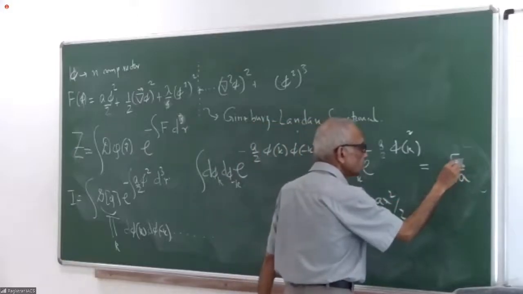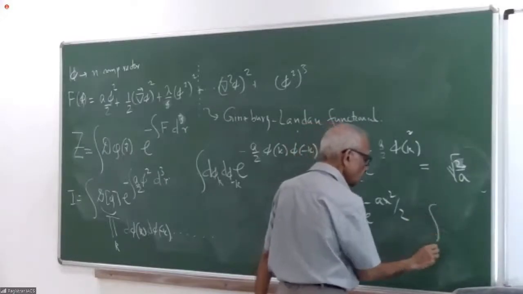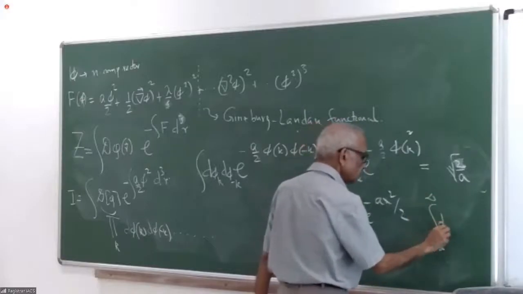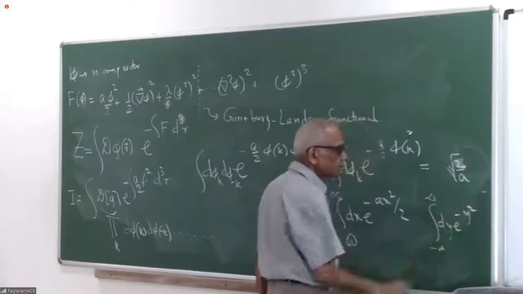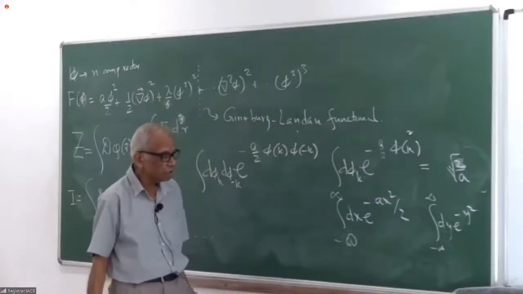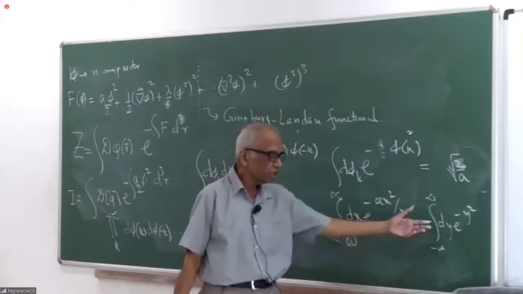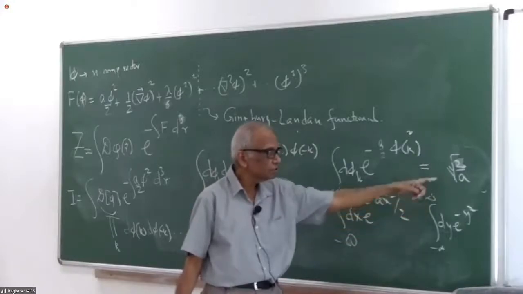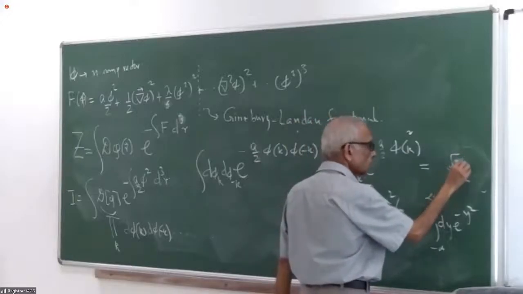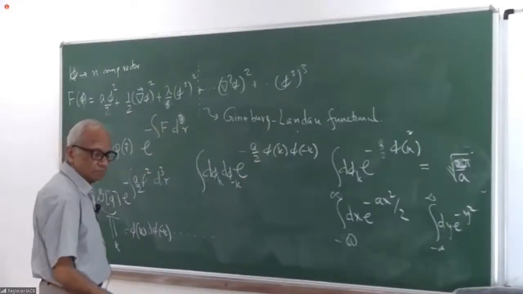So I have to have a square root of 2 over a, and then it is minus infinity to plus infinity, and then it is dy e to the power minus y squared. So that's my gamma function of half. So that's your square root of pi. So it is square root of 2 pi divided by a.